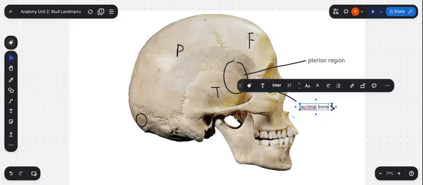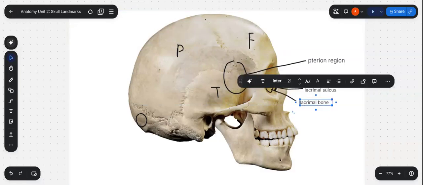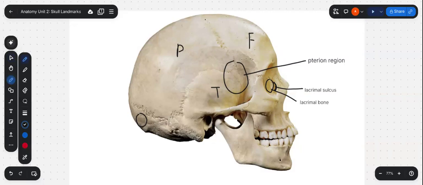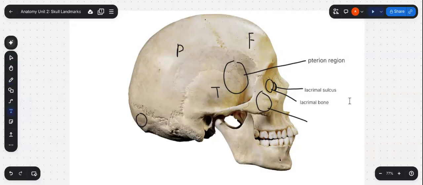All right, next we're going to take a look at this little cheekbone area over here. So the first thing to notice is that you have your zygomatic bone, which is this over here. I like to think of it as your cheekbone.